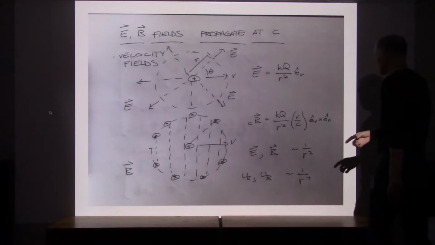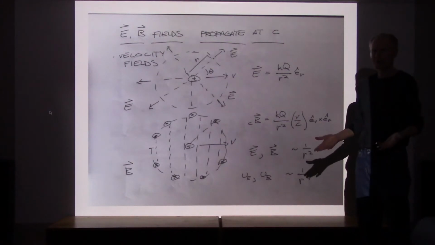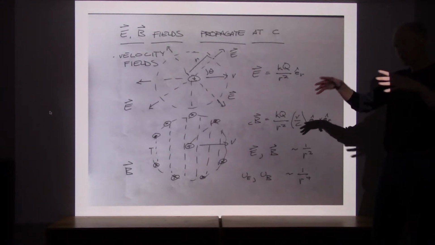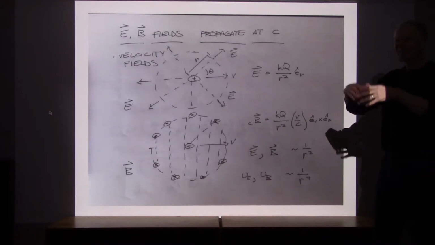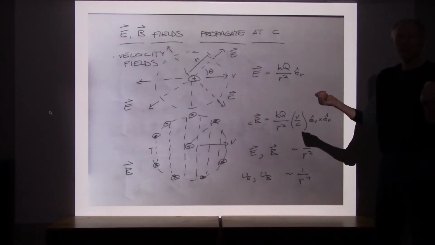That's because the fields and the energy densities are dropping off too fast. As I look farther and farther away from where the charges are located, I can see that the energy densities are just dropping off really fast. There's no net flow of energy over long distance.